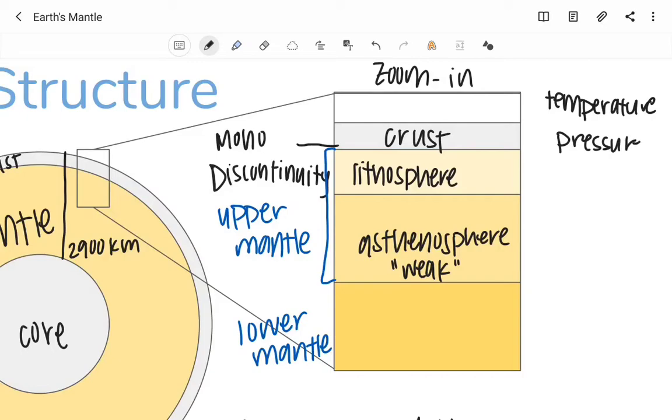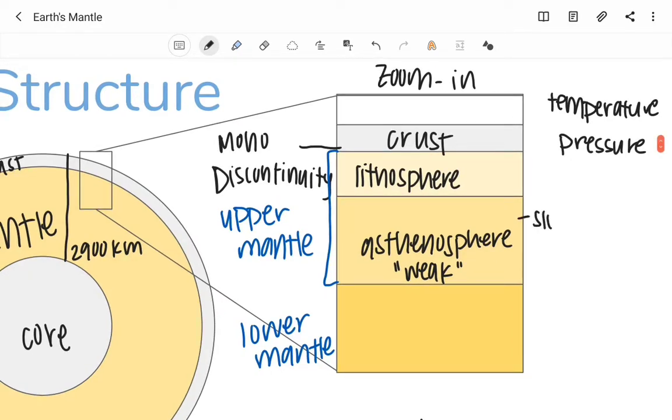And over millions of years, the asthenosphere exhibits this very slow-moving plastic flow, which is important for other processes, as we'll go on in later videos. So again, the asthenosphere is not a liquid. It is still solid rock. It's just weaker than the lithosphere, which gives it these special properties of very slow flow over long periods of time.